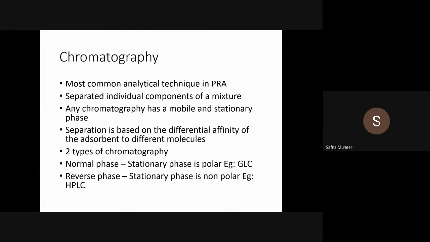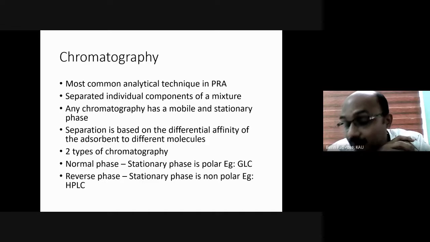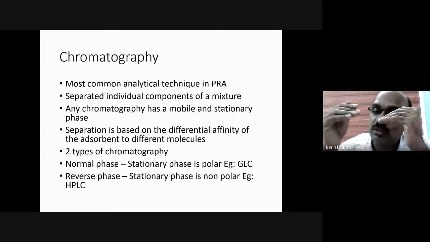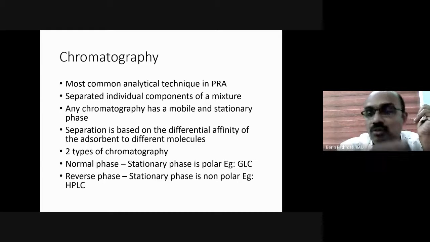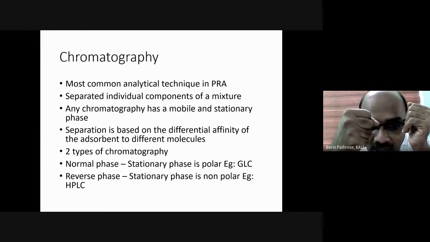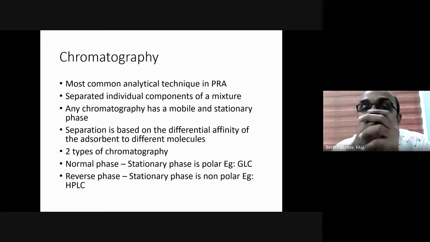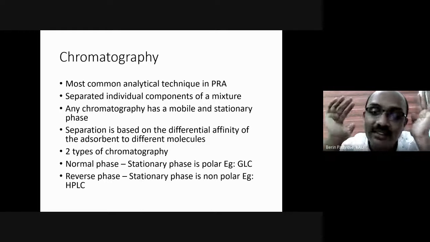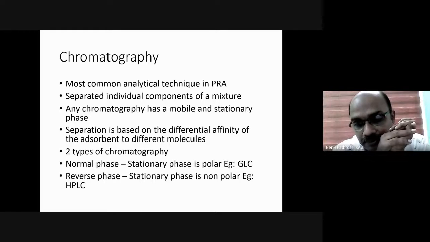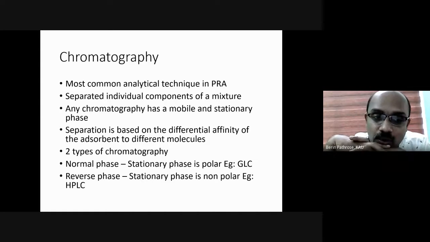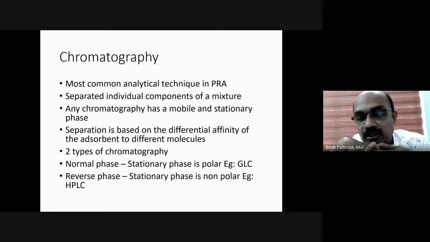The one with the solvent, A. Yes, A. So the compound which has very high affinity to the solvent will come out of the cartridge first, and the compound which has affinity towards the stationary phase will get adsorbed onto the stationary phase and will move very slowly and come out last. This is the basic principle. So this is how we separate out compounds in chromatography.